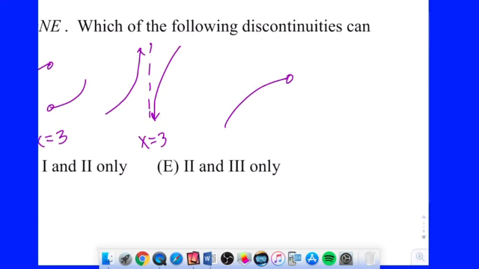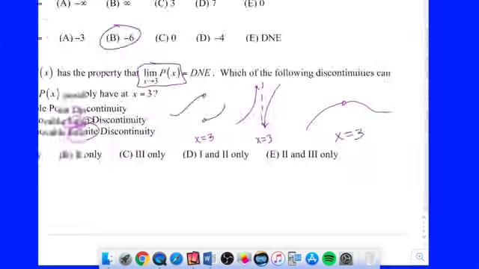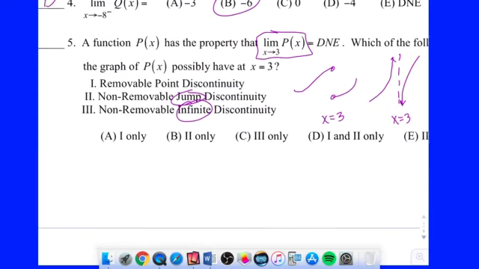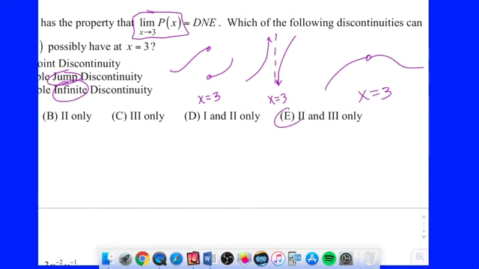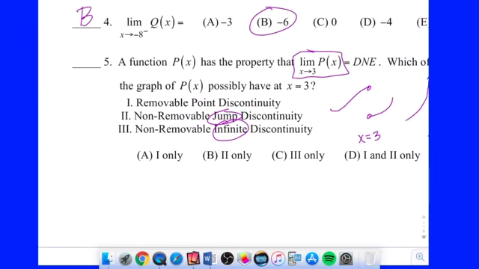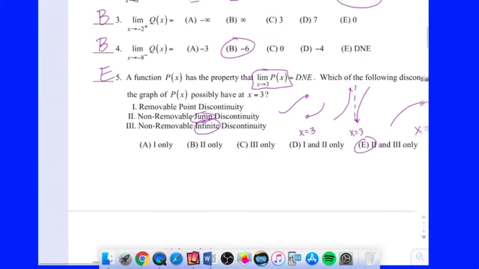And then the other one that we've had was the hole. And remember, at the hole, the general limit does exist. There's only 2 times the general limit exists, at a hole and when the function's continuous. So the D and E is going to be just 2 and 3, and that's answer choice E. Okay? The general limit can fail to exist at a jump or a vertical asymptote.